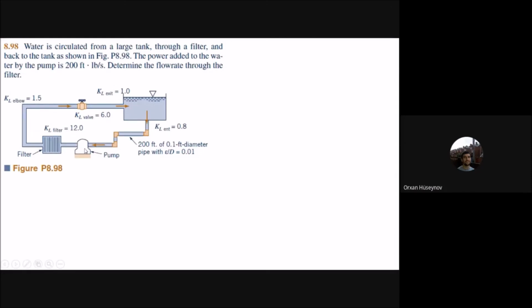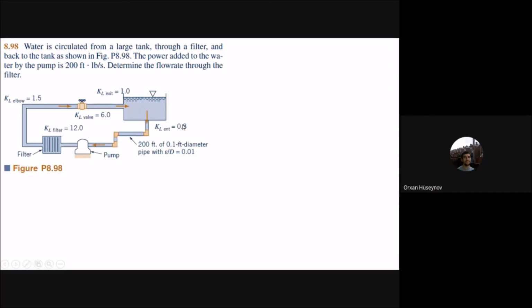It's very large. You have the pump here. You have 200 feet of 0.1 feet diameter pipe with epsilon by D given as 0.1. There is also a valve here, which is 6, and the KL entrance is 0.8. These are the values that are given for the problem.